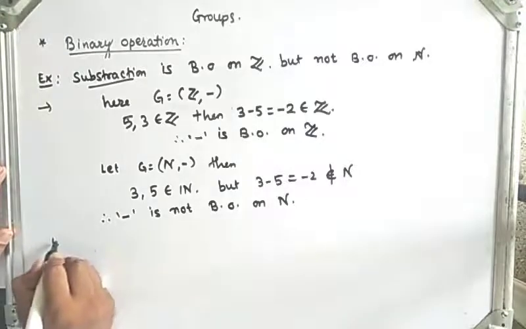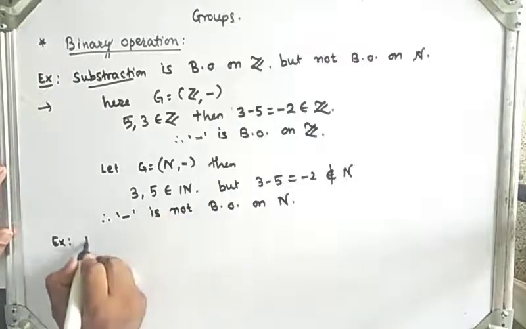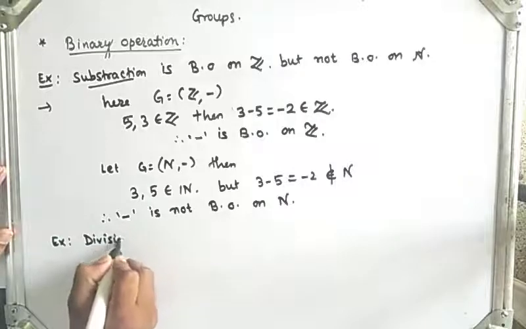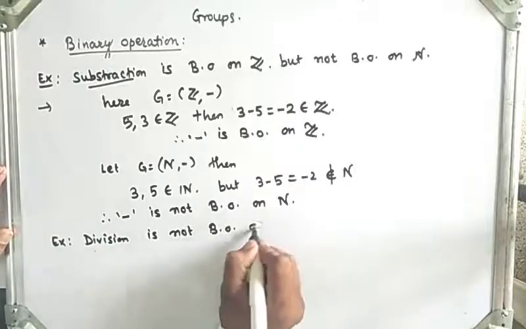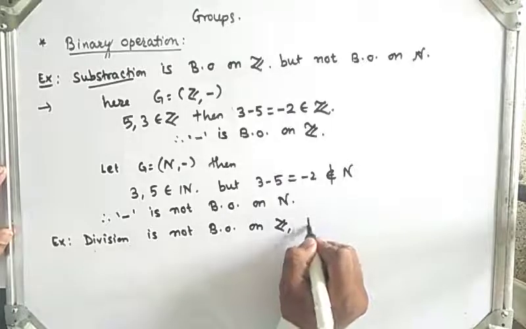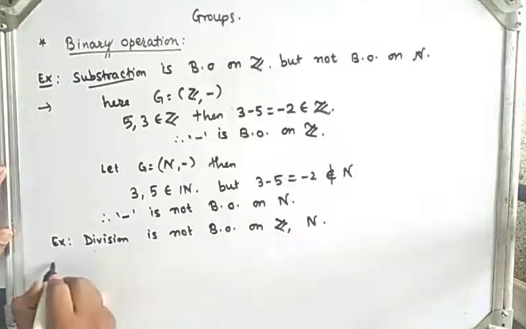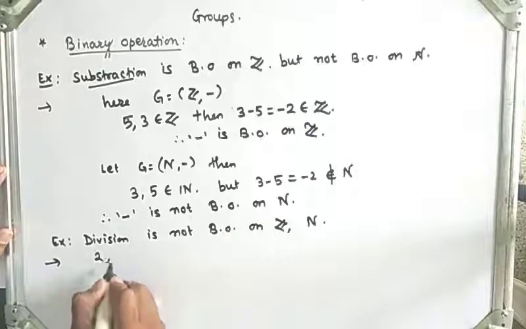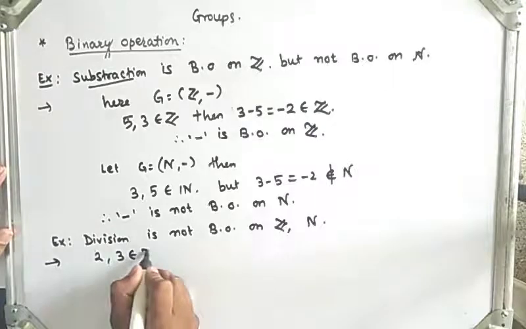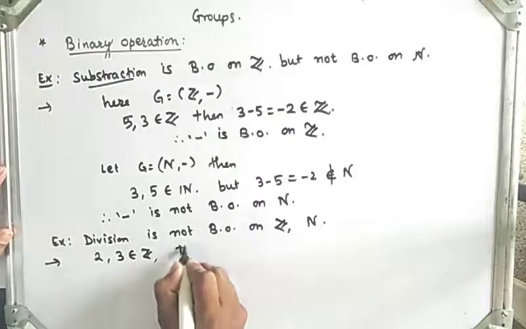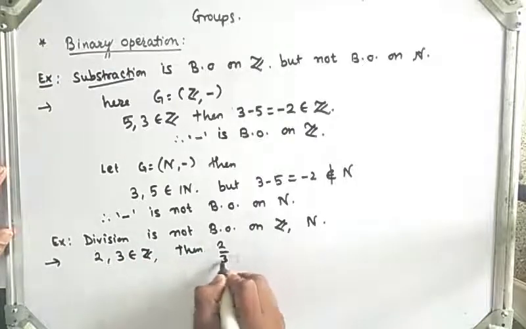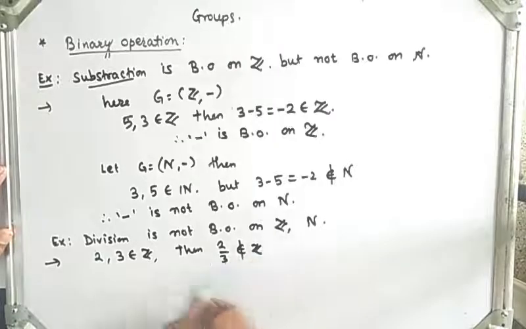Also, division is not a binary operation on the set of integers or natural numbers, because if I take 2 and 3 belonging to the set of integers, and the operation is division, then 2 by 3 does not belong to the set of integers, right?